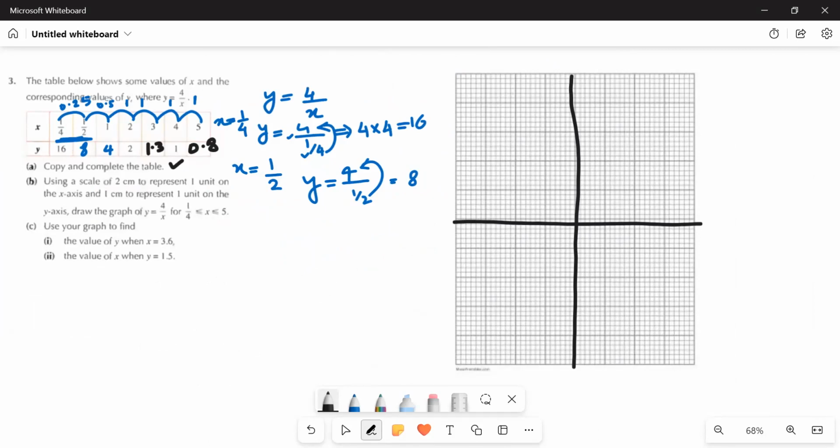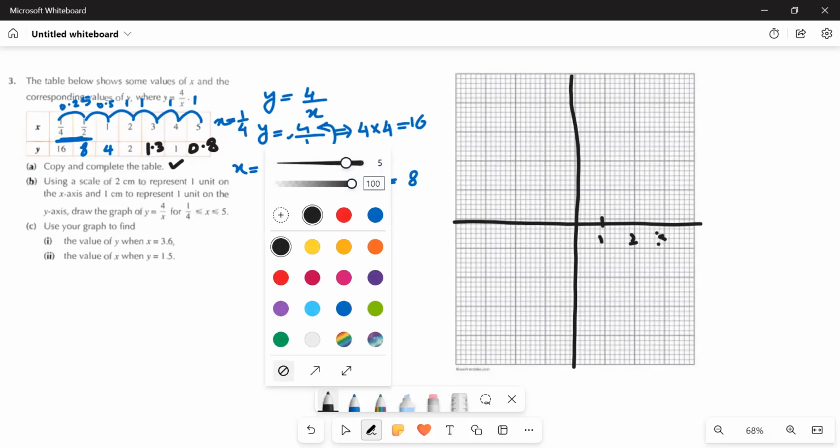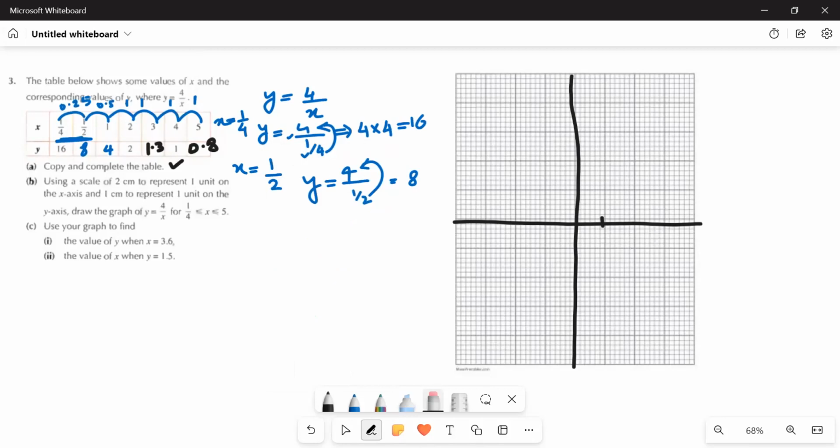Okay, along the x-axis 2 centimeter is 1. So this one I'm taking here 1, 2. I have a small graph, so I am taking according to this graph. So it is 1, 2, 3, 4, and then if I take, it is 5.